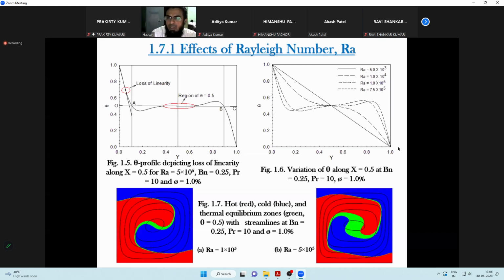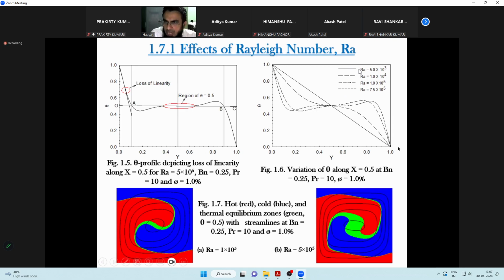You can see here for 5 into 10 to the power 3, there was no movement. So it was perfectly linear, representing the conduction mode of heat transport, where theta is represented by nothing but a linear function with respect to y. So you can see that Q is equal to minus K d theta by dx, the Fourier's law of conduction, is represented here, and the line is perfectly linear.